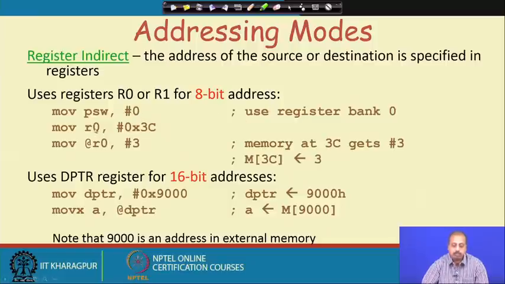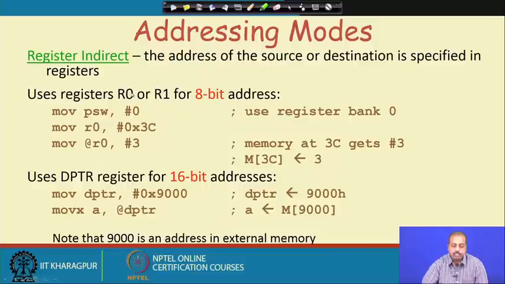Then MOV R0, #3C hex, so R0 gets the value 3C. Then MOV @R0, #3: since R0 has the value 3C, this 3C will be used as the memory address. So when we execute MOV @R0, #3, memory location 3C will get the value 3.